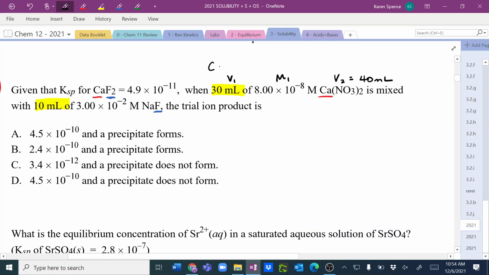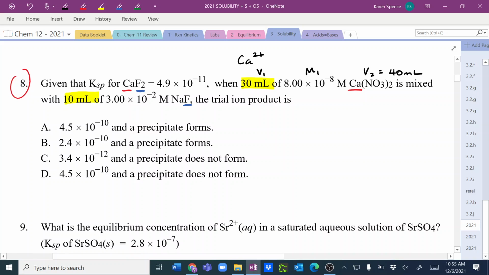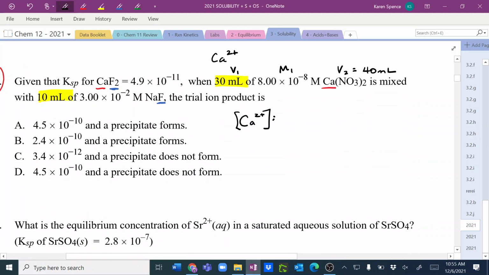Okay, so for calcium, which is the same as calcium nitrate because it's 1 calcium for every 1 calcium nitrate. This is number 8 on the review. Okay. So for calcium, we have M1. Do you like solving it first or plugging in first? Solving first?